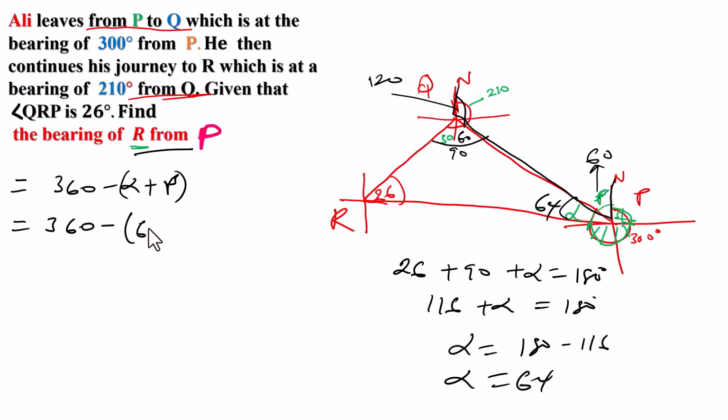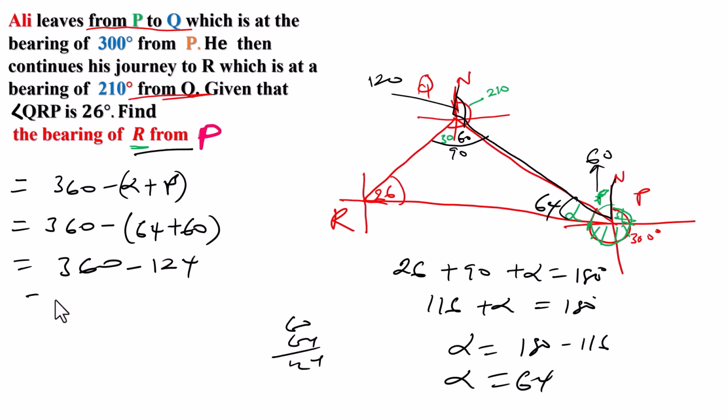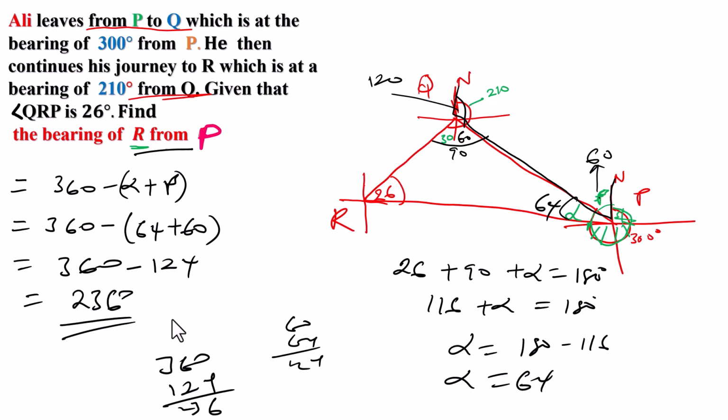We have 64 plus 60, which is 124. 360 minus 124 gives us 236. So the bearing of R from P is 236 degrees. All right, so that is that.